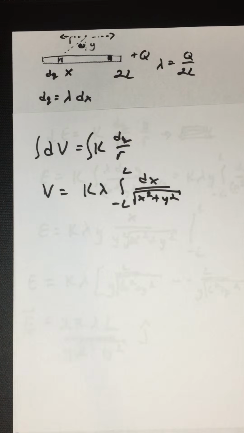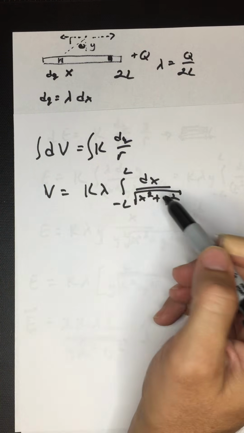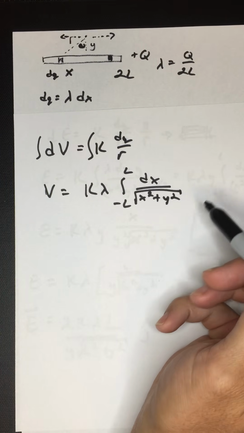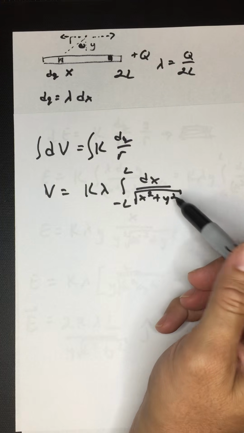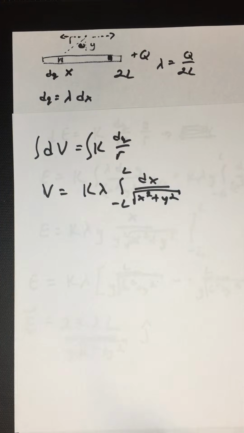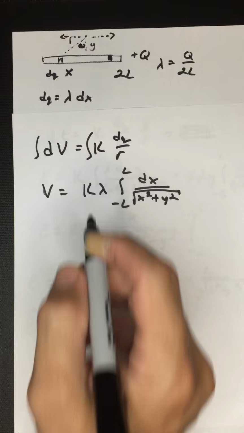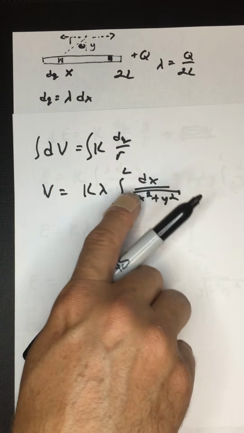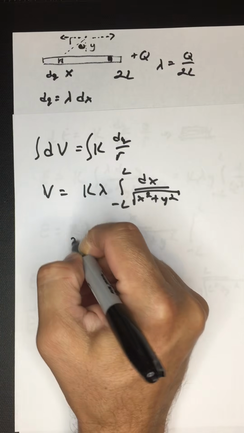I'm going to be a little bit clever here and recognize that this is an even function evaluated over symmetric limits. So to make my evaluation a little simpler, let me just evaluate half of the integral from 0 to L and multiply the rest of it by 2.